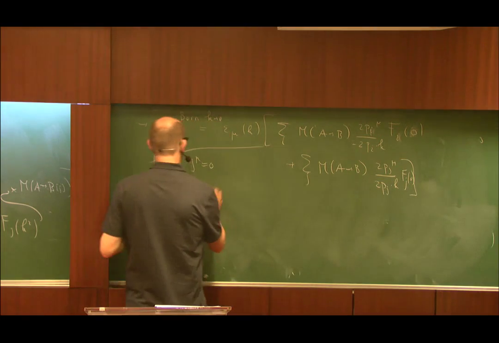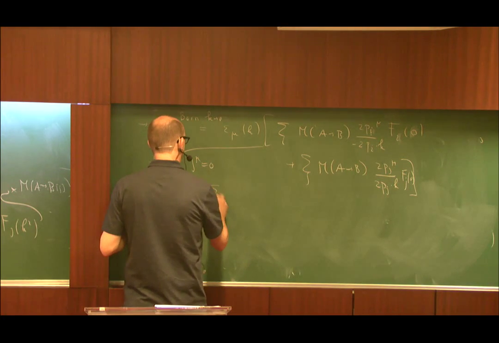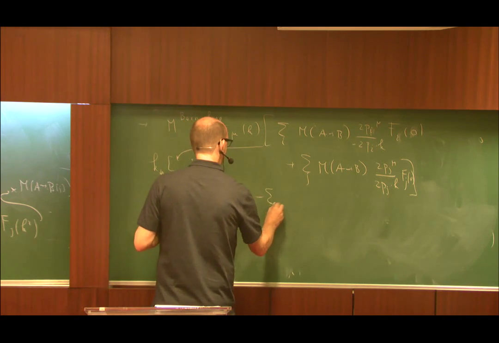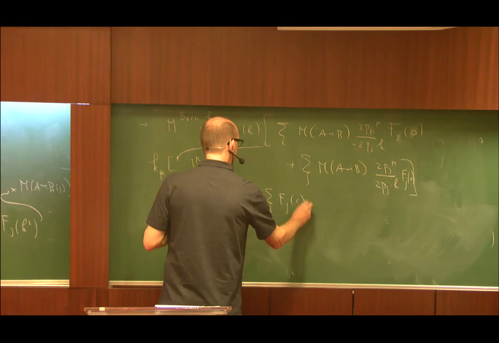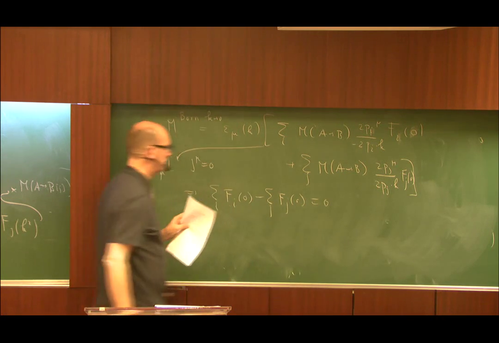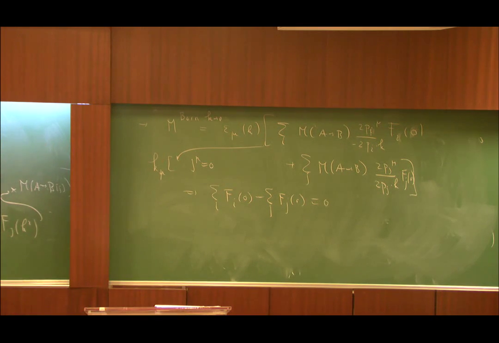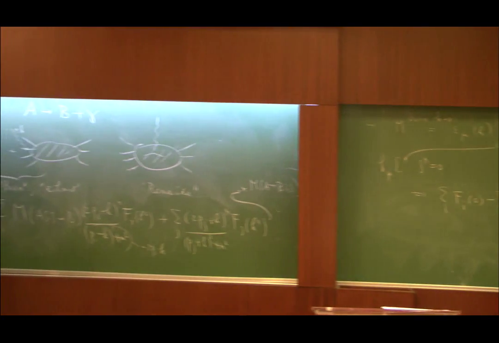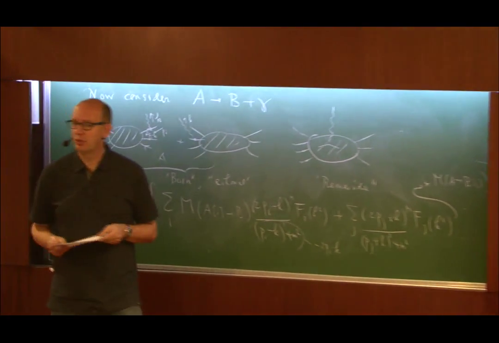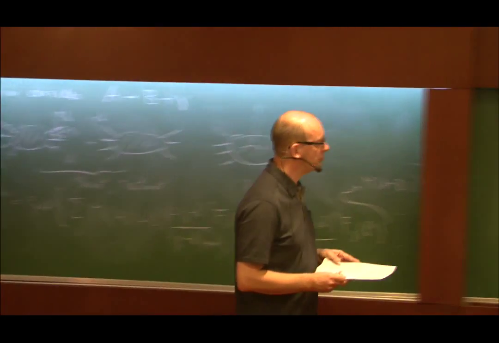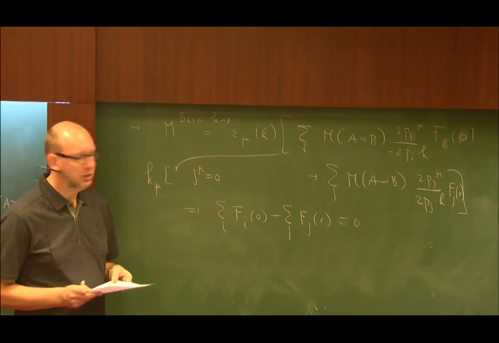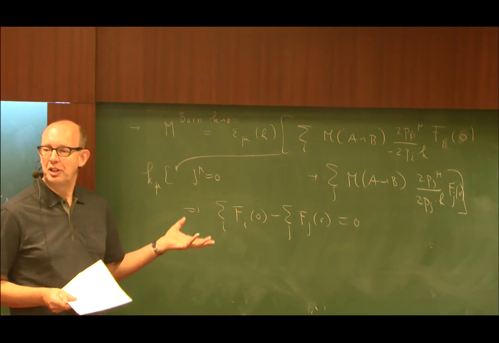So if this is 0, that's the sum over i of F_i of 0 minus the sum over j of F_j of 0 is 0. So charge is conserved. It's a nice, very general diagrammatic proof of current conservation, all following from the abelian gauge principle, perhaps in a way that you haven't seen it before.